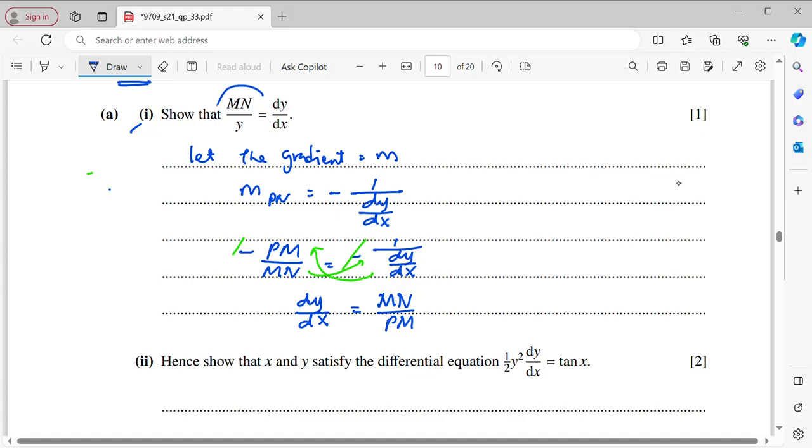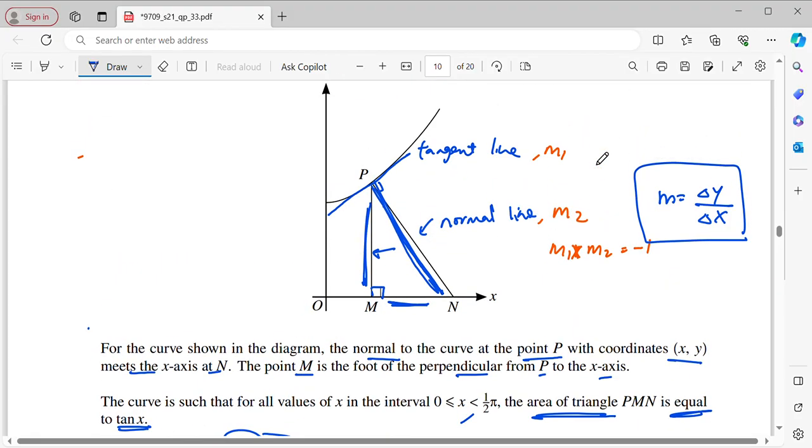But then when you refer to the answer here, MN over y. So now your PM, that is the y coordinate, because at the point M, the x is following the x of the P, and then the y is 0. Therefore, that will be just y.